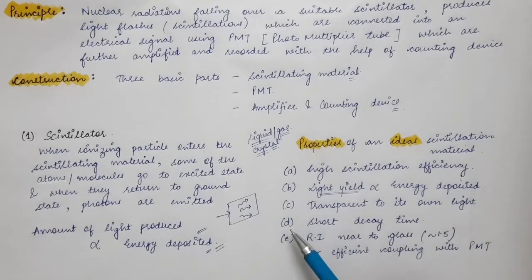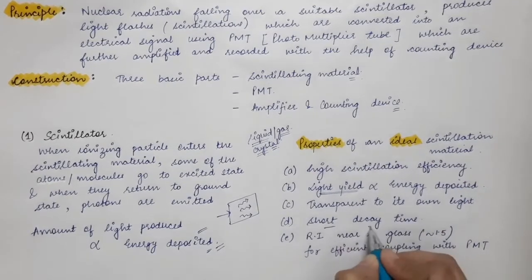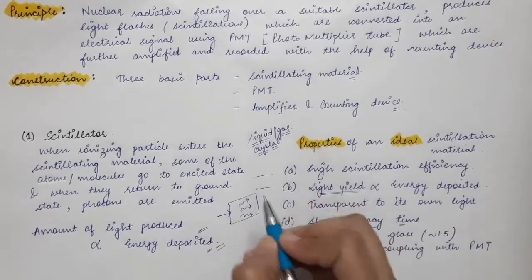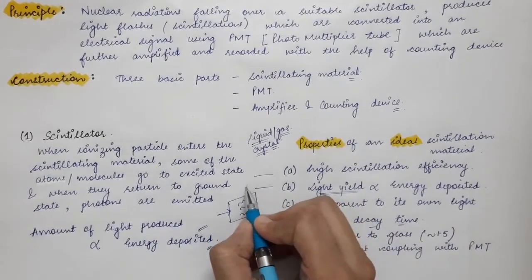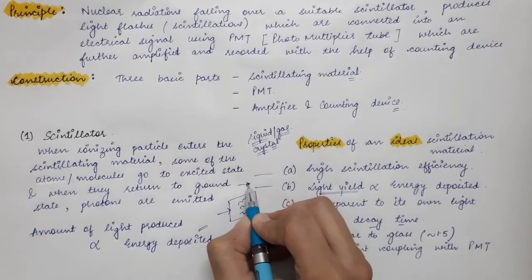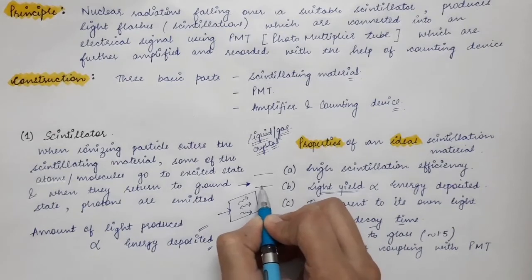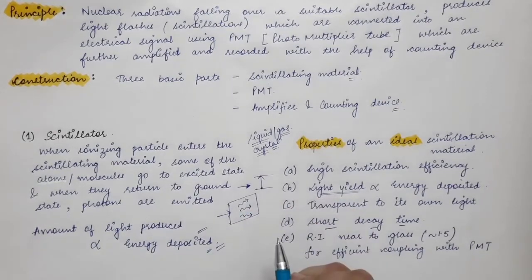The fourth property is that the scintillation material must have a short decay time. As we have said, if you have a scintillator, the incoming radiation transfers its energy to the atoms or molecules of the scintillator, and these atoms go to the excited state.